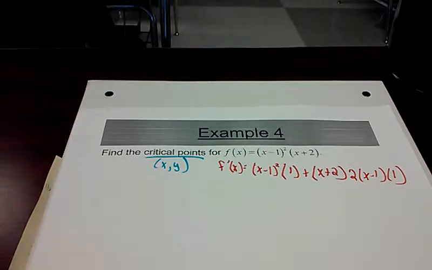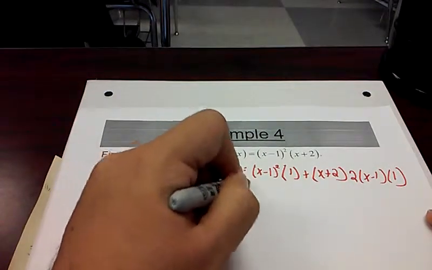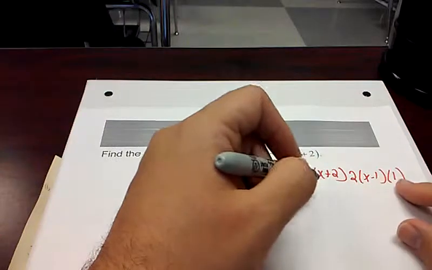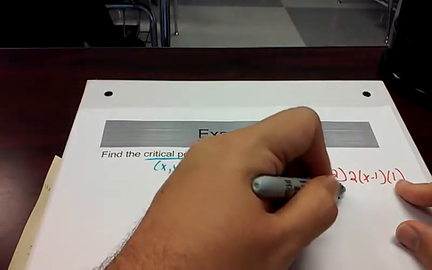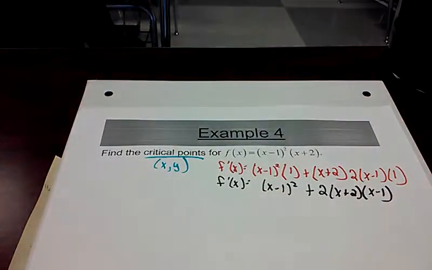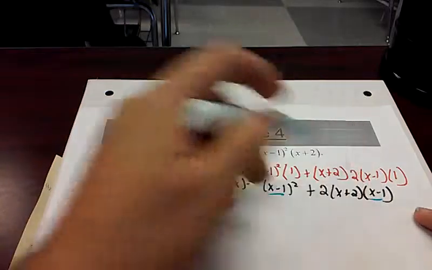And so just clean this up a little bit. So I'm going to have f prime of x is equal to, so this would be (x minus 1) squared plus 2 times 1 is 2, (x plus 2)(x minus 1). All right, let's look for a GCF that we can pull out. We can pull out an x minus 1.